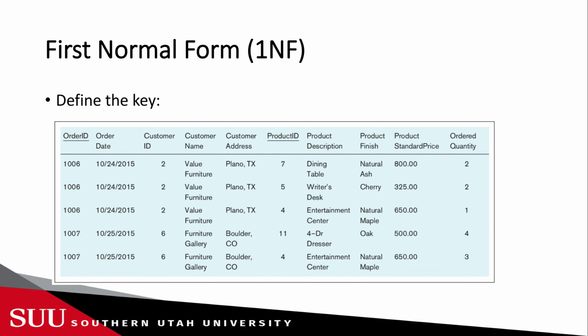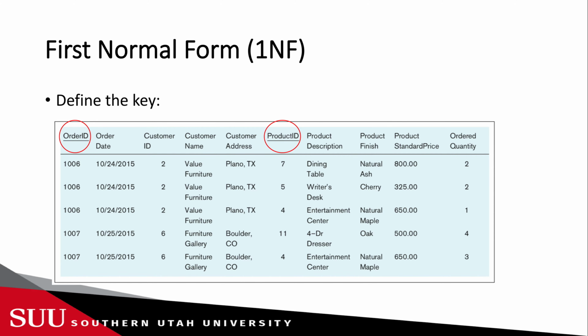We need to define the key. Now in this case we can come up with a composite key, which is the order ID and product ID, and this is going to be our key. Now when we define the key in this table, and since we don't have any multi-valued attributes, we can safely say that the table is now in the first normal form.